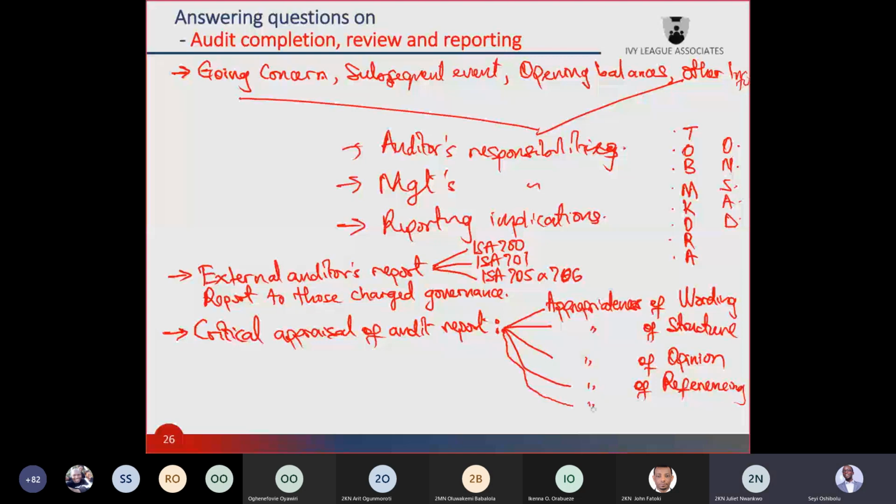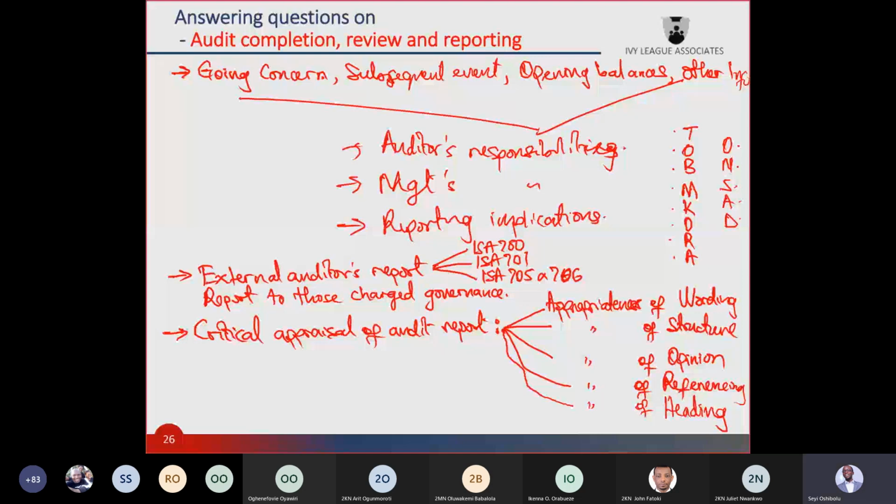Appropriateness of language. Language is the same thing as wording, okay? All right.